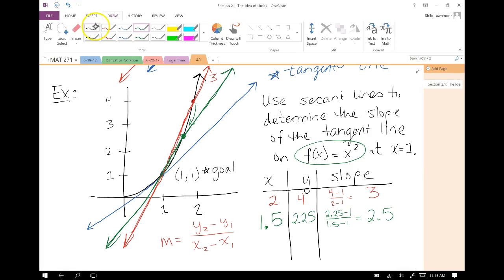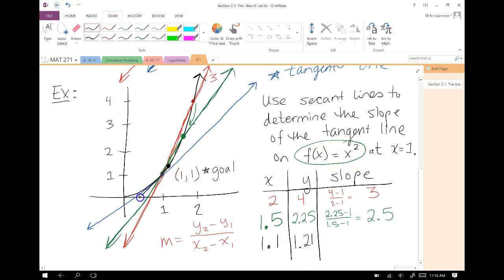I'm going to get closer again. This time I'm going to get all the way down to 1.1. So now I'm really, really close to the goal point. And if I connect the goal point with my second point, and again, we need a y coordinate, and we are on the function. So if I plug 1.1 into my function, 1.1 squared is 1.21.